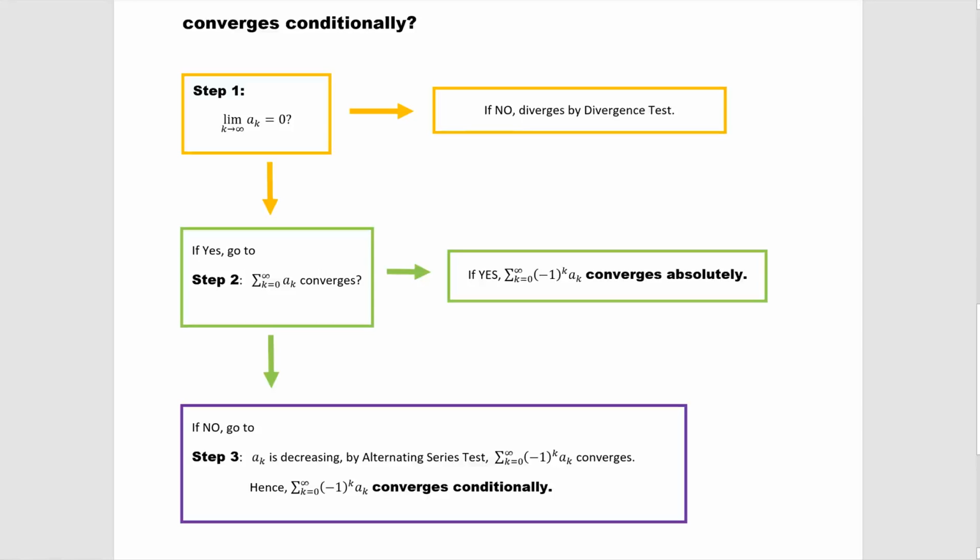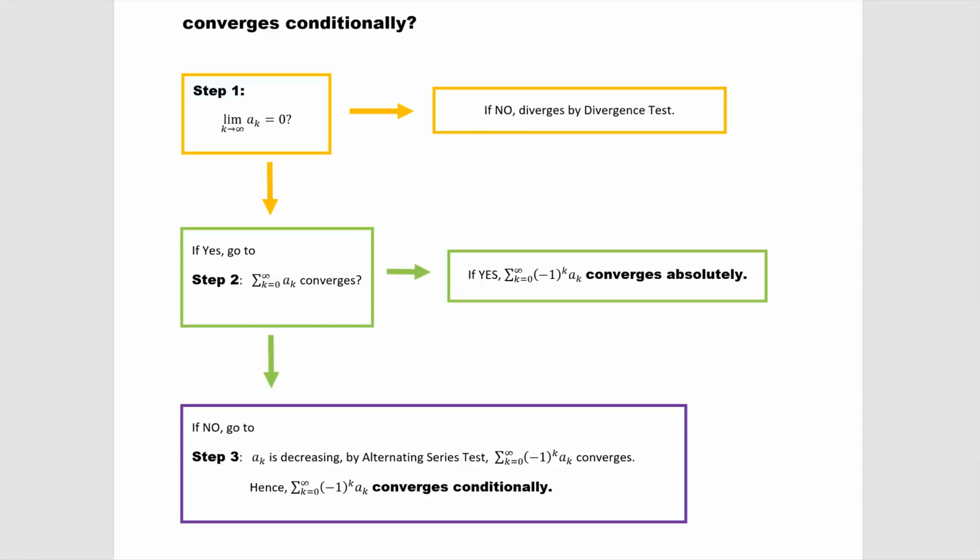If in the second step you get that the series of a sub k converges, then you say the alternating series converges absolutely. If the series of a sub k diverges, you go to step 3. In step 3, you state the hypotheses of the alternating series test. You say a sub k is decreasing, so the sequence is decreasing, not the series is decreasing. I saw some students put a sum there. No, don't do that.